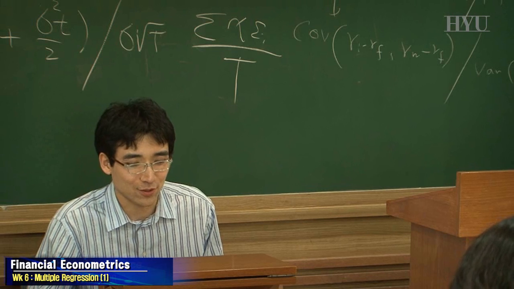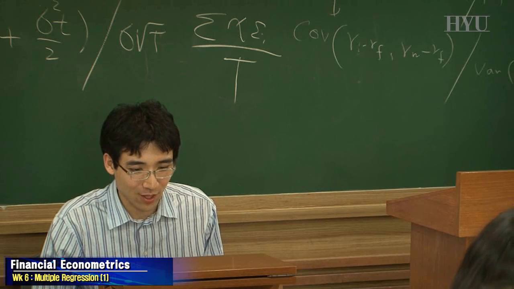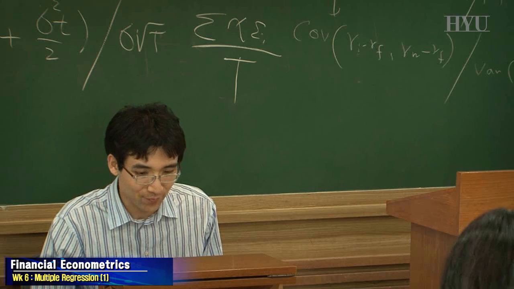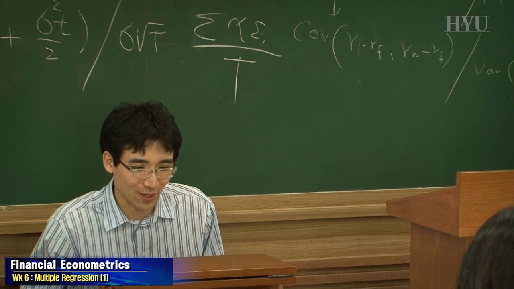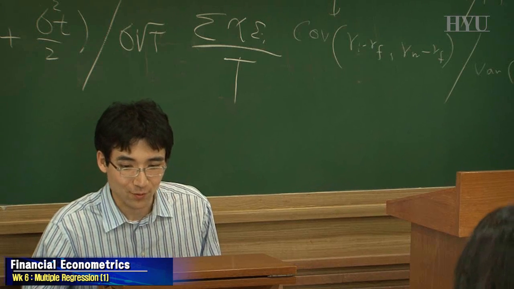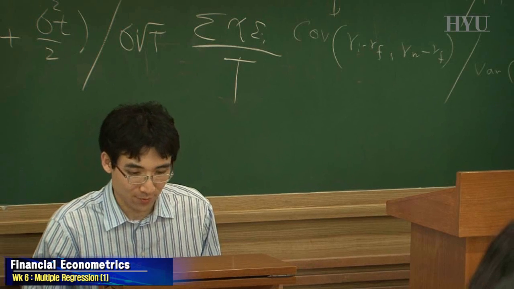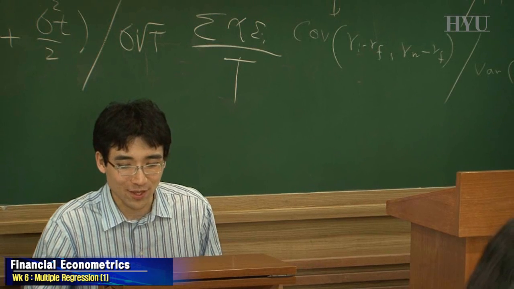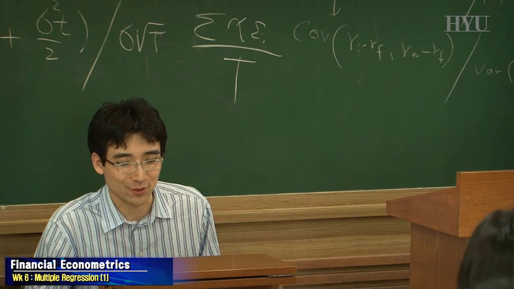So this is the solved inverse matrix of x prime x and x, right? So this is our d beta.